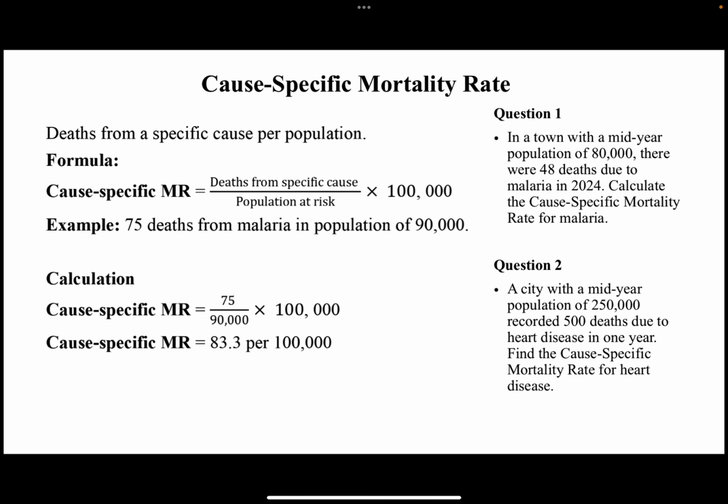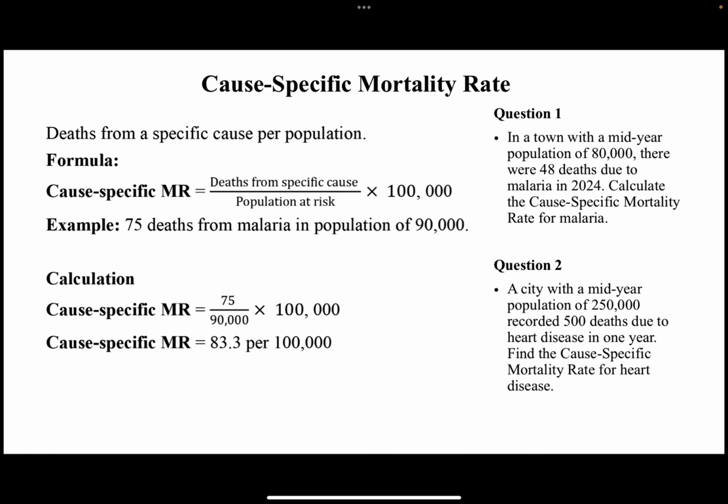Now, question 2. A city with a mid-year population of 250,000 recorded 500 deaths due to heart disease. So what is the specific cause over here? Heart disease. How many people died from heart disease? 500. What is the population at risk? 250,000. Then you multiply your final answer by 100,000.